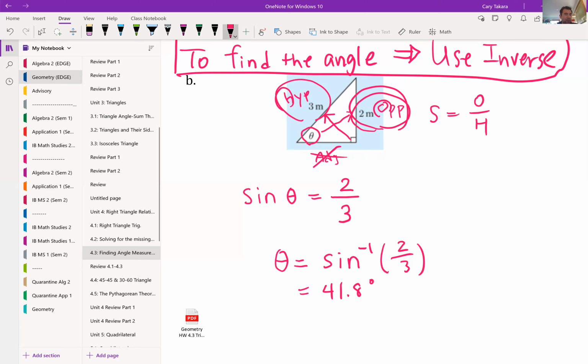I don't know why you're getting, you got 0. First of all, let's make sure you are in degree mode. So if you go to mode, or for my calculator it's mode, or maybe a setting in a different calculator.